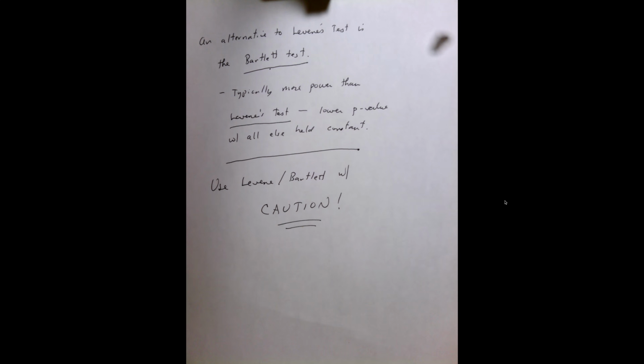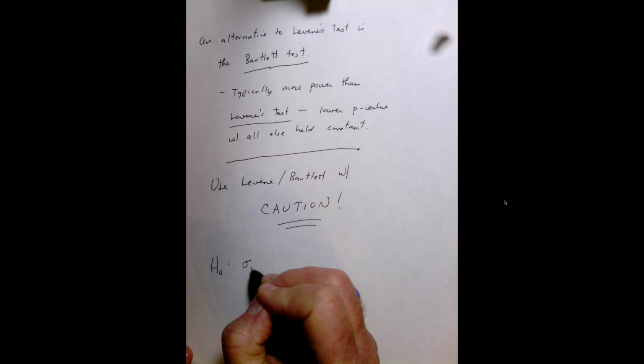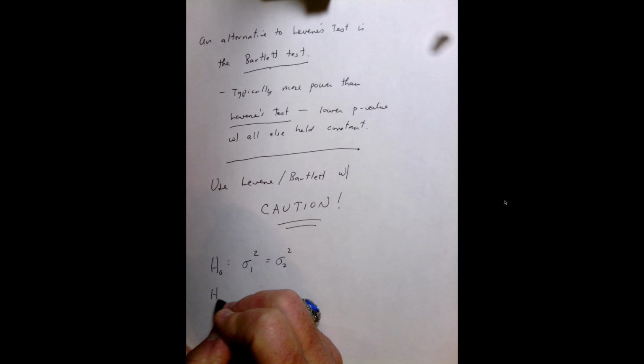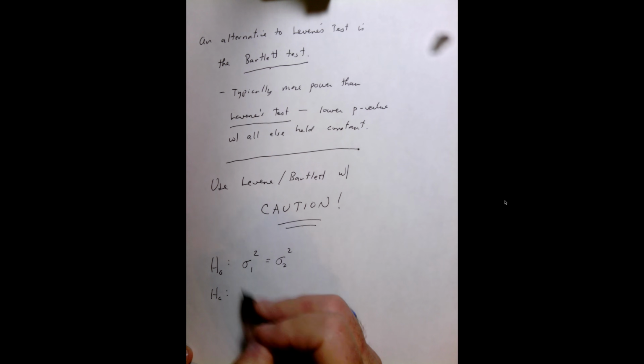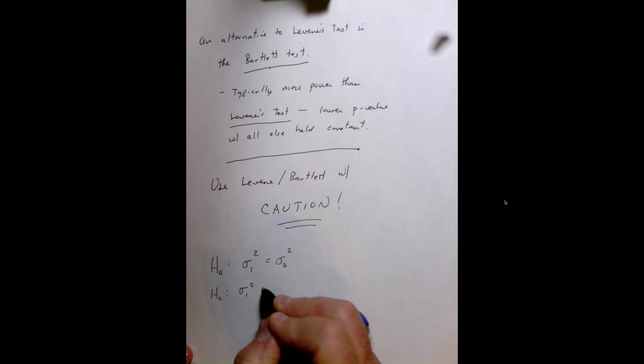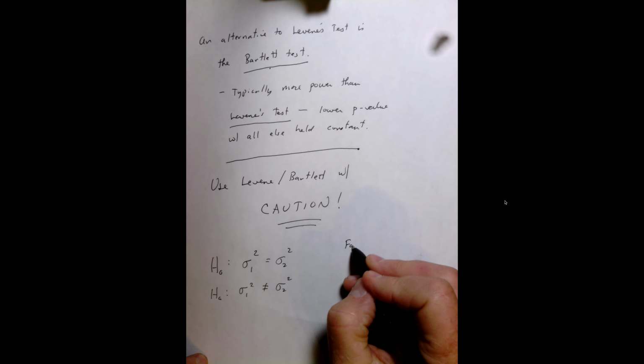All right, now, here's probably the most important part of the entire video. So let's say in our situation, we test whether the variances are equal with either Bartlett or Levene's. And let's say we fail to reject.